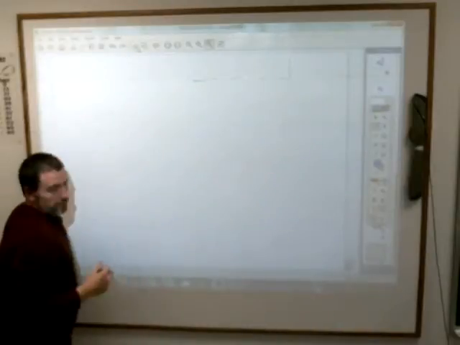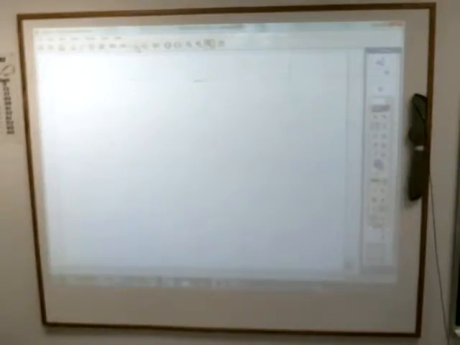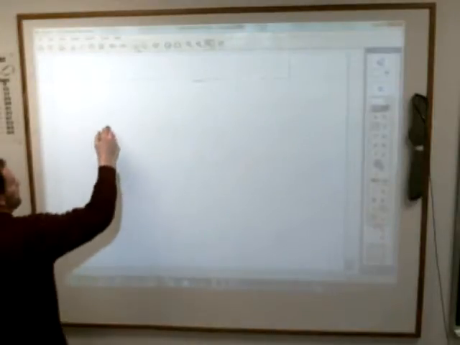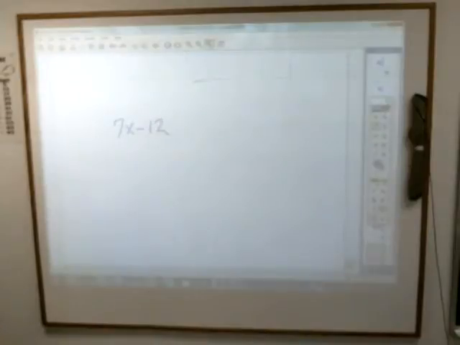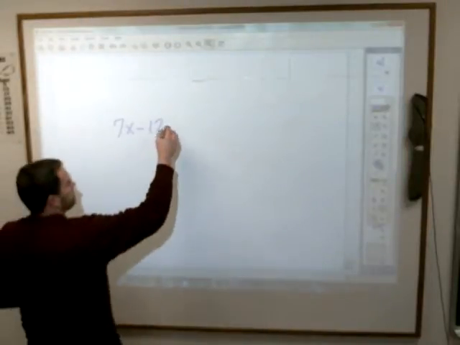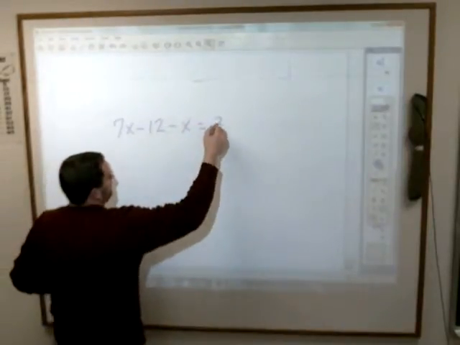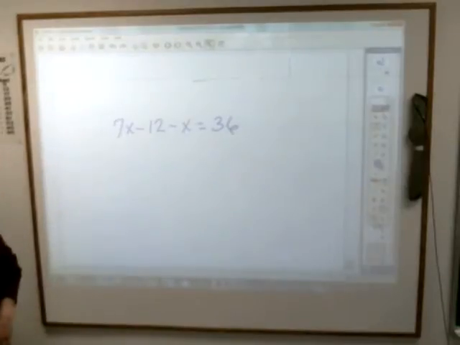Let's look at a couple more, for instance, how about this one? 7x minus 12 minus x equals 36. I'll give you a chance to do that there.